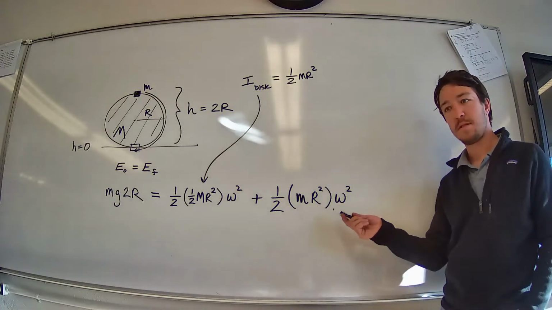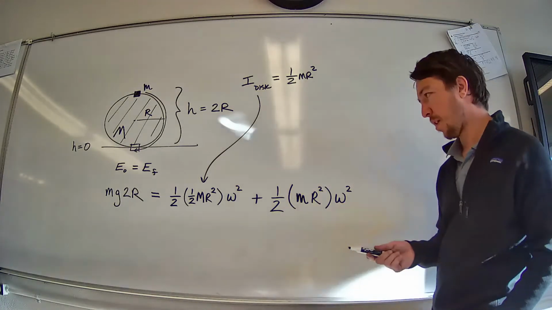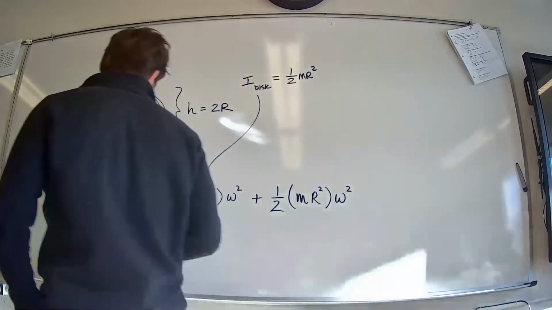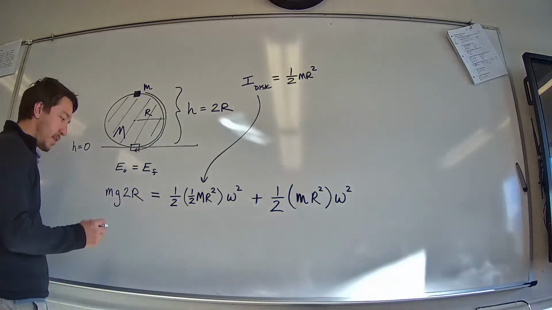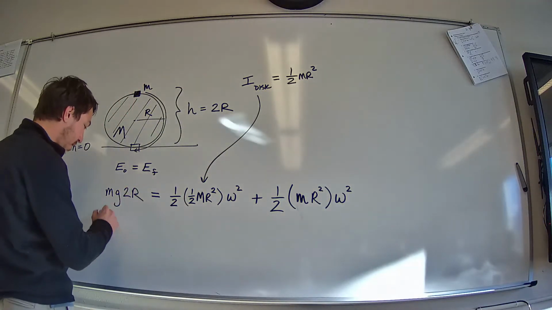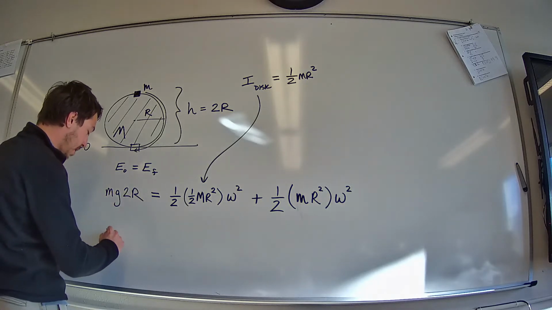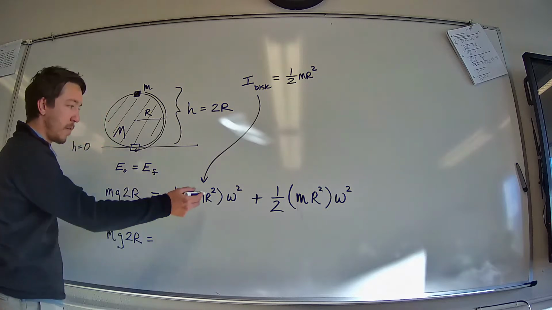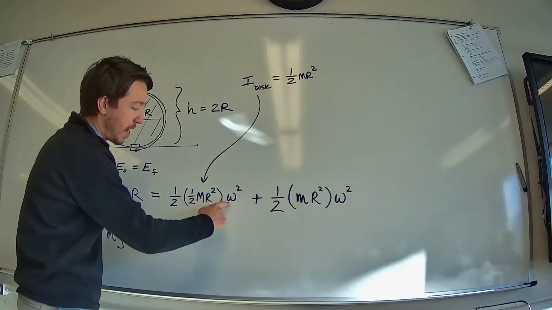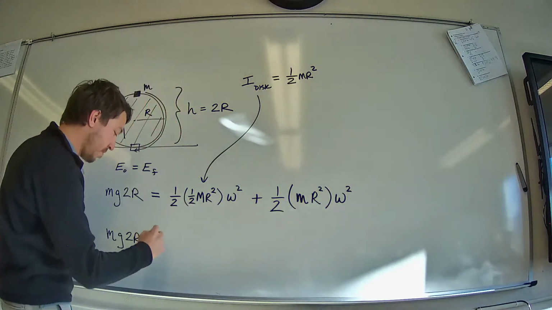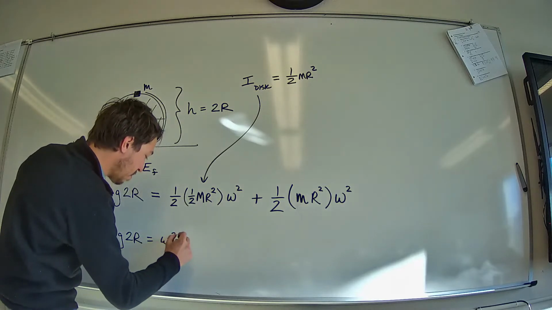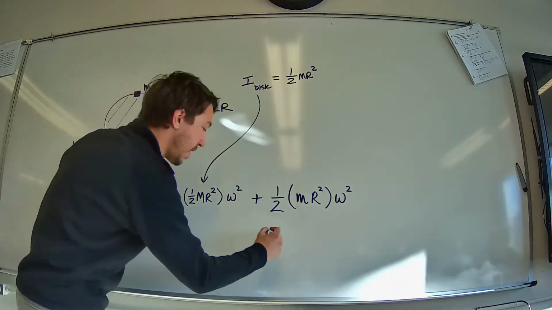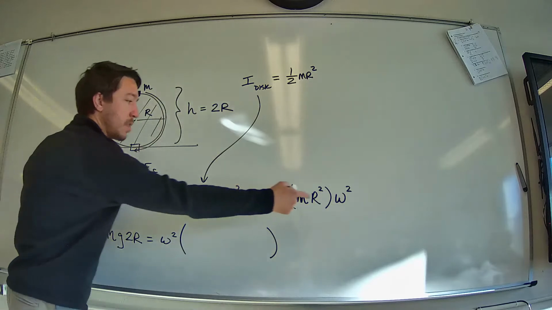Is this making sense? Okay. Oh, it's a bit of a mess here, right? So you've got little m g times 2r over here, and over here, can we factor out the omega squared? Let's factor it out from this and this.